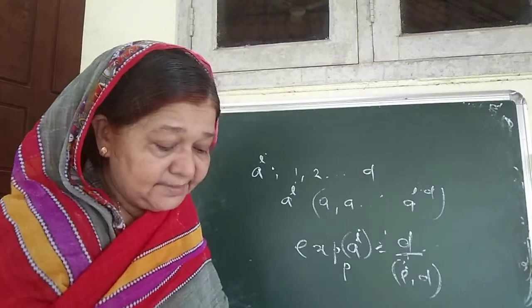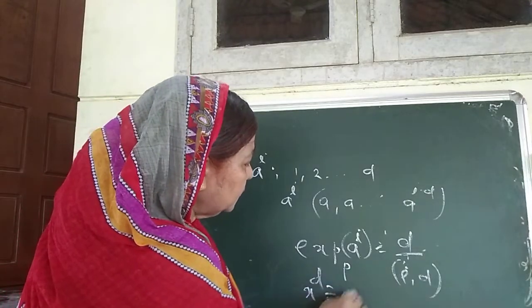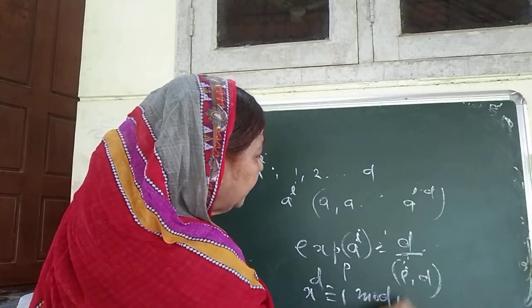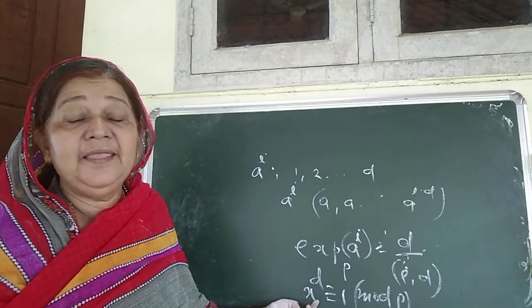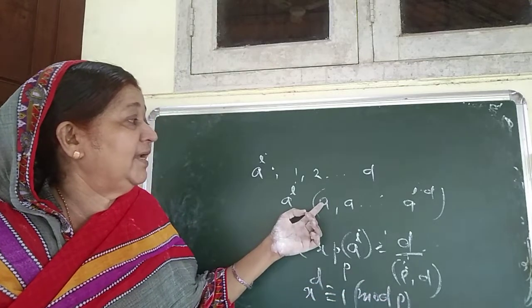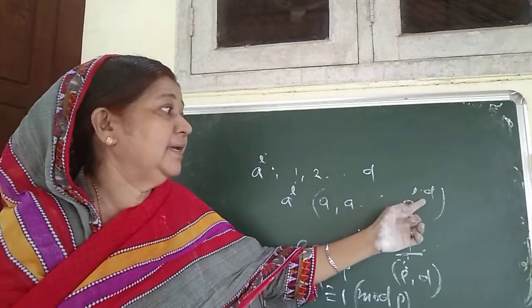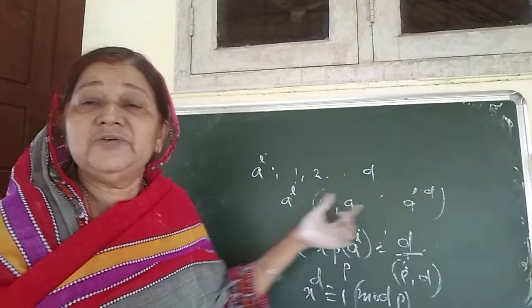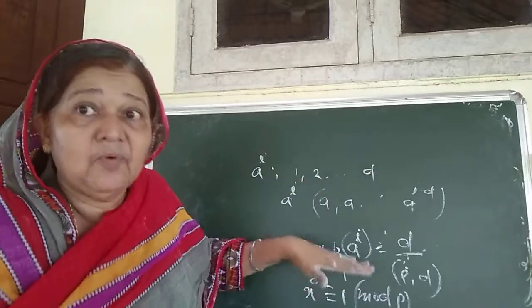But we can see that the equation x raised to d congruent to 1 modulo p has only d solutions. They are a, a squared, etc., a raised to d. Here we get a raised to i, a raised to 2i, etc., a raised to i times d. So we see that the solutions are in some other order.